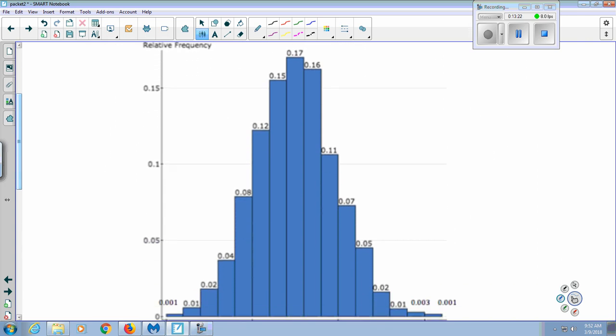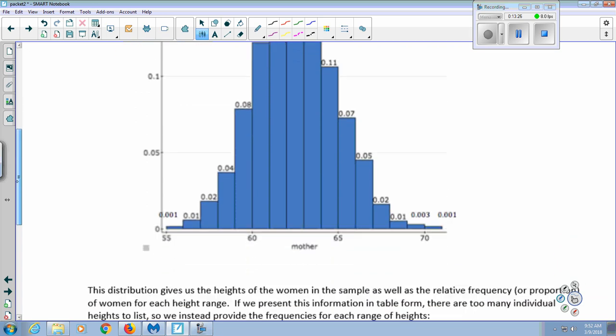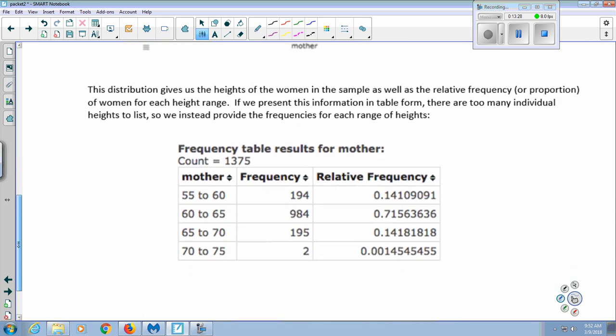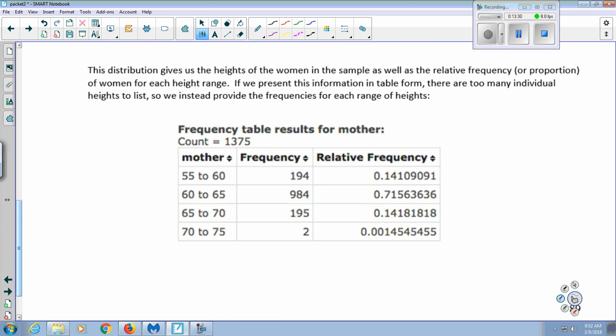So up top, we're noting that we have a relative frequency histogram. And below, we're seeing how this table would look. This distribution gives us the heights of women in the sample as well as the relative frequency. So notice that instead of listing the heights individually, we have ranges, or intervals.